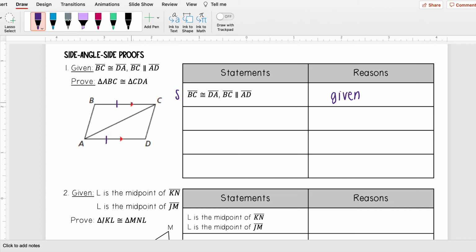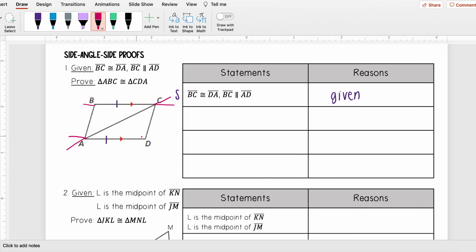And so if you remember from our previous unit, when we have parallel lines, we have some congruent angles that are formed from that. And so to kind of look at that, you can extend this out so that it looks more like our parallel lines cut by a transversal. And we can see some of the congruent angles that we get from here.